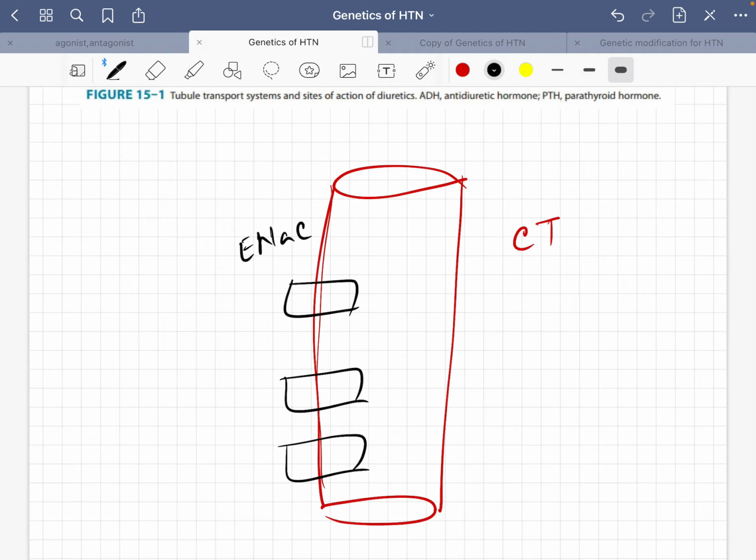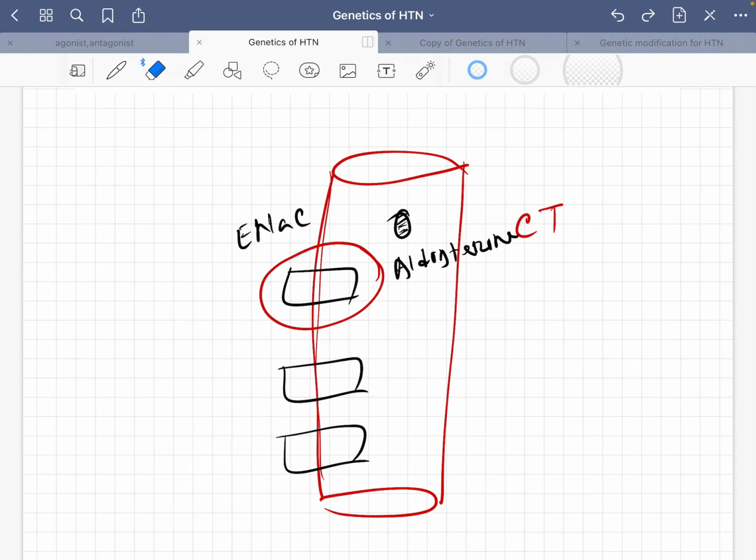You know that this epithelial sodium channel is synthesized by aldosterone. A very important piece of information is that the epithelial sodium channel does not remain permanently in the cell membrane.